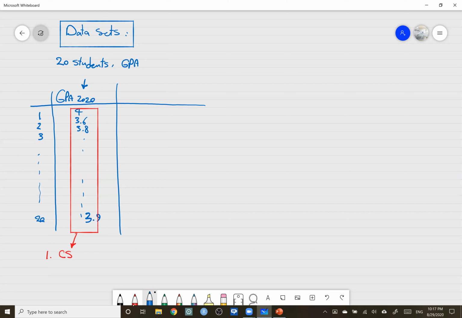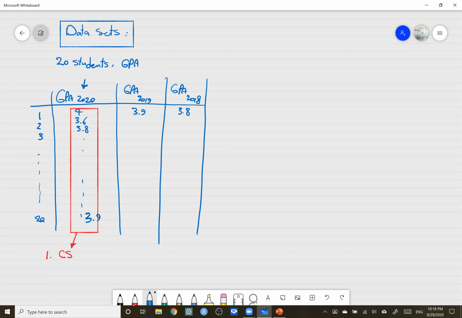Let's say for each of these students, I can collect GPAs for 2019, 2018, and so on. Let me keep it simple. For student number 1, we have 3 numbers. GPA in 2020 is 4. Last year it was a little less, 3.9, and the year before it was 3.8.